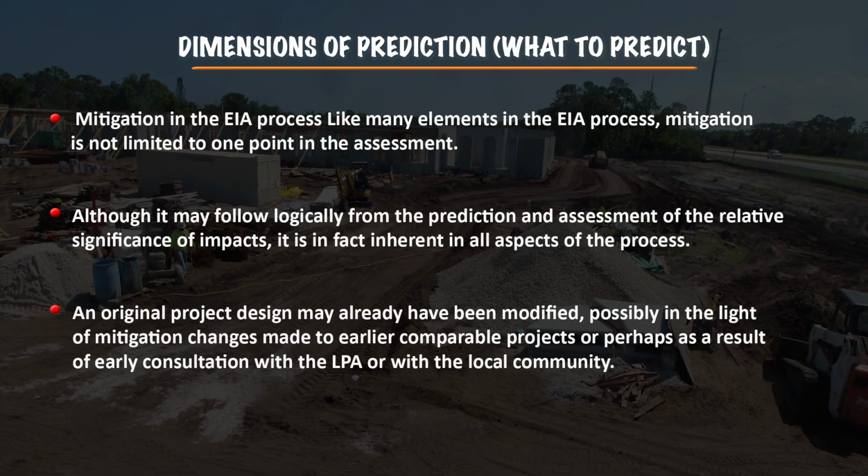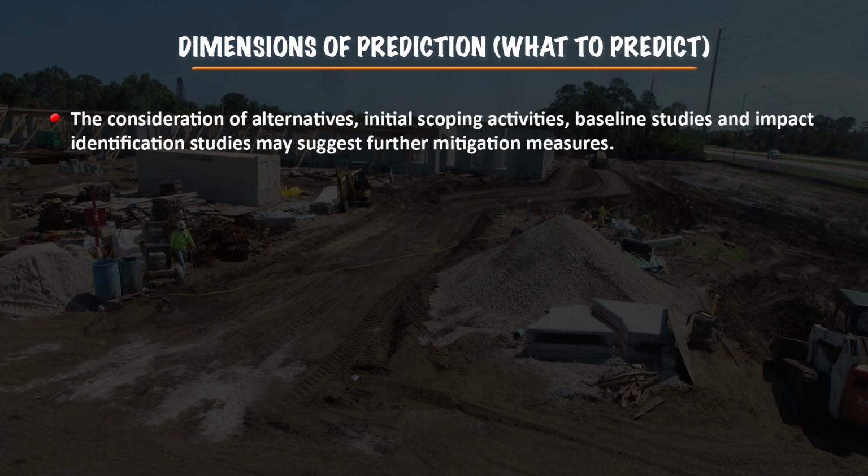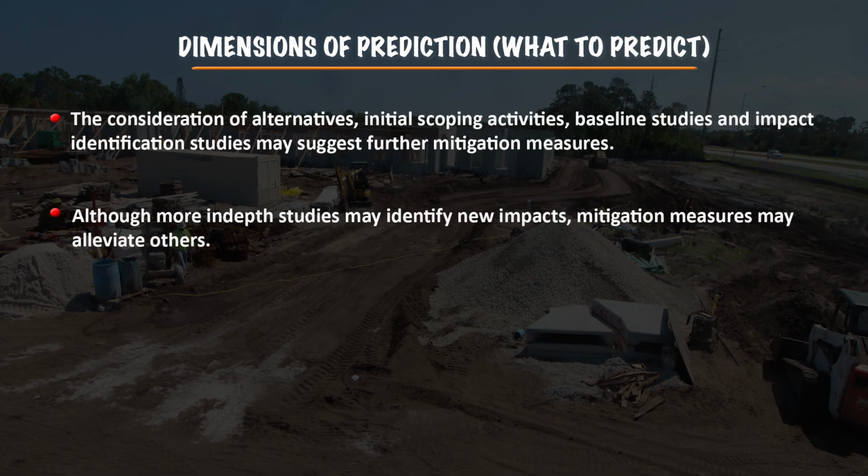An original project design may already have been modified, possibly in the light of mitigation changes made to earlier comparable projects, or perhaps as a result of early consultations with the local government or local people or the local community. So the consideration of alternatives, the initial scoping activities, the baseline studies and impact identification studies may suggest further mitigation measures. More in-depth studies may identify new impacts and mitigation measures, and also reduce others.